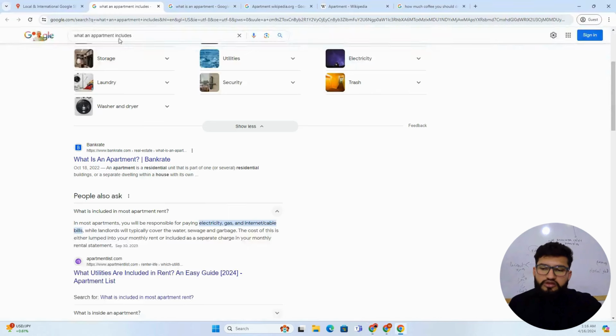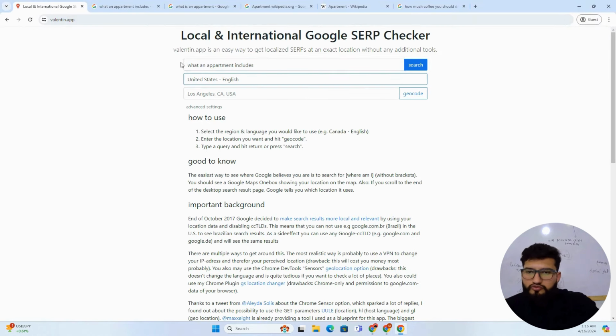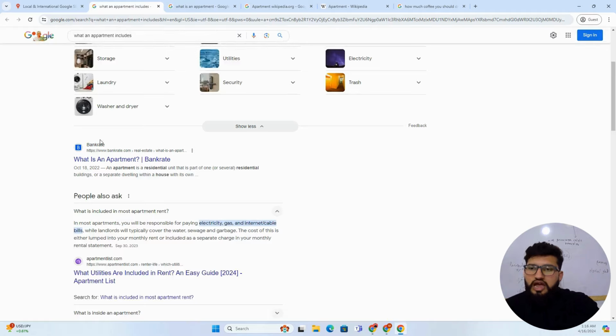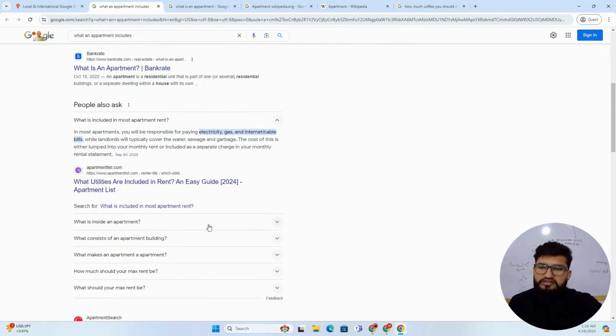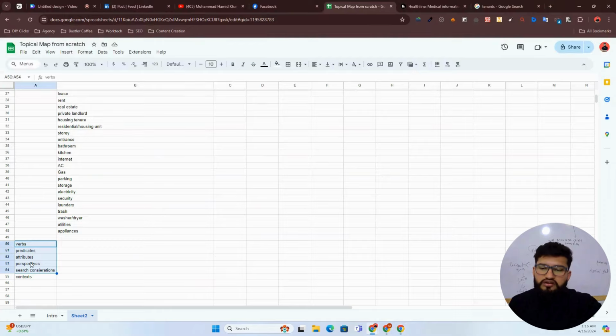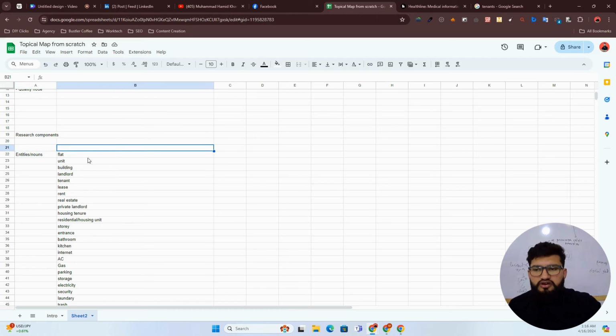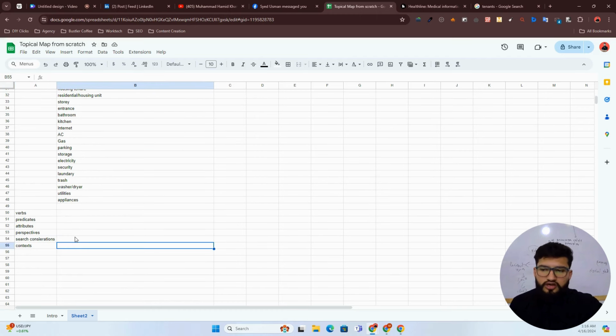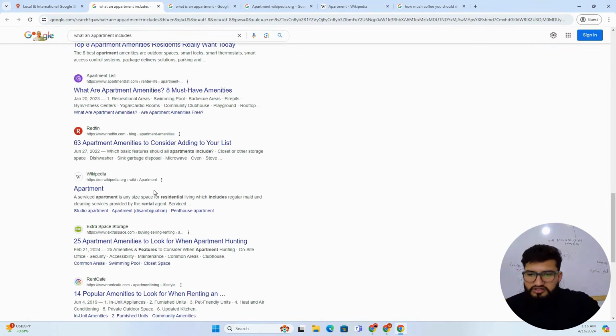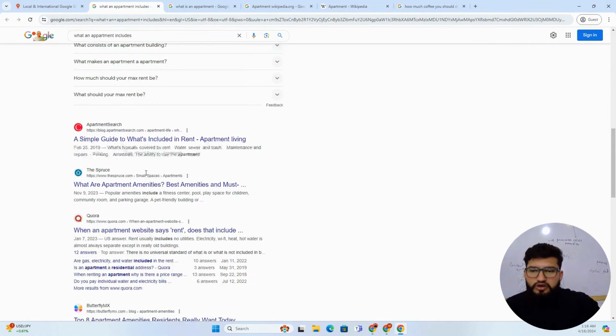The other is to follow one process: do one query on Google and get all the entities, then find predicates on the same page, then perspectives on the same page. It's totally up to your call, but I would prefer step by step. First grab all the entities and then move to the next components. So a context could be just any topic or any behavior of the users.